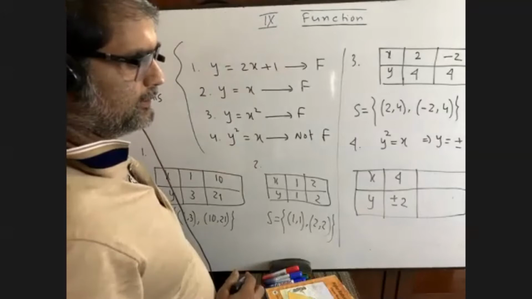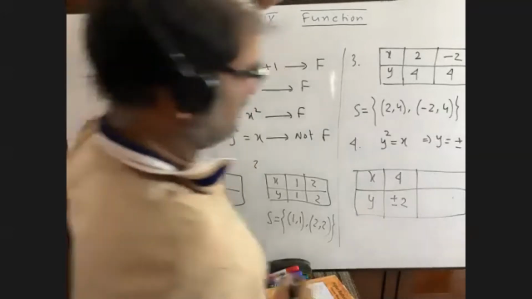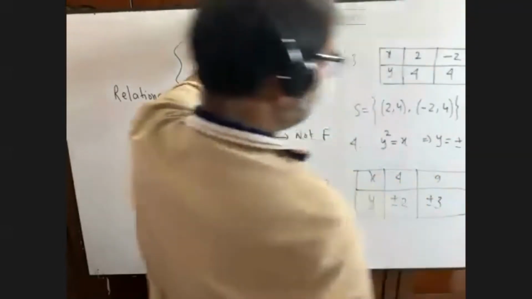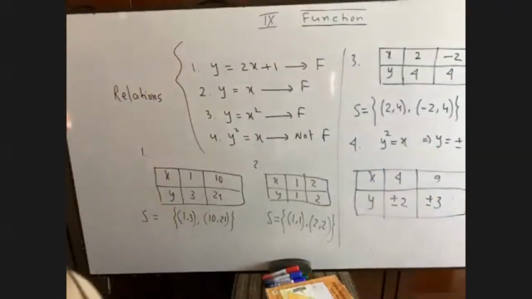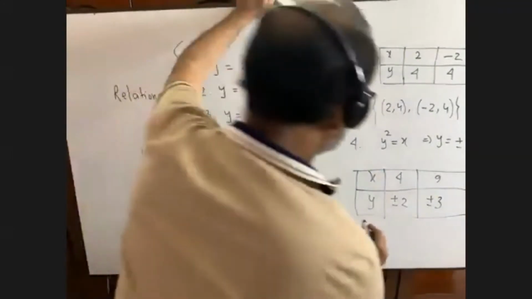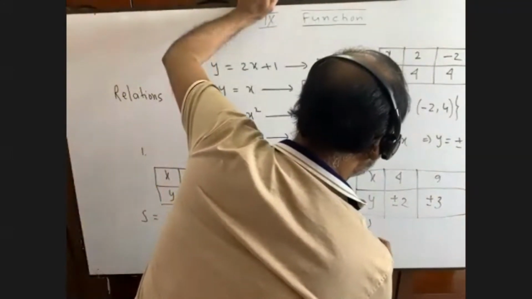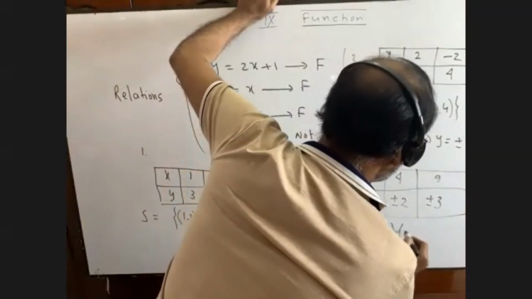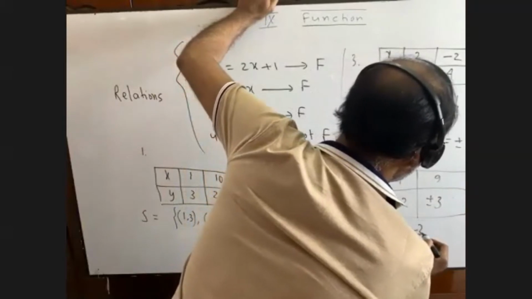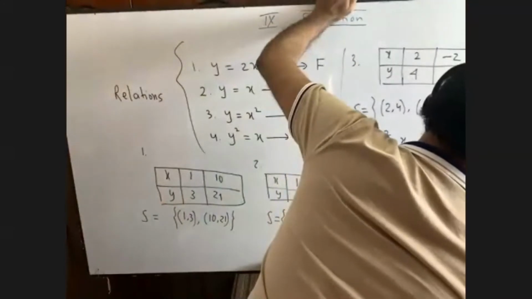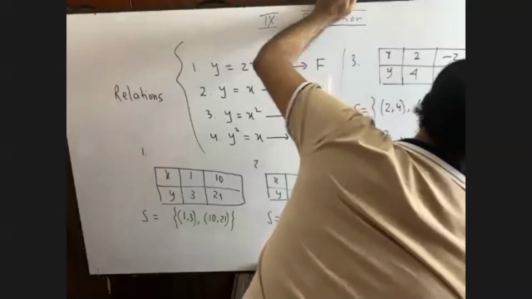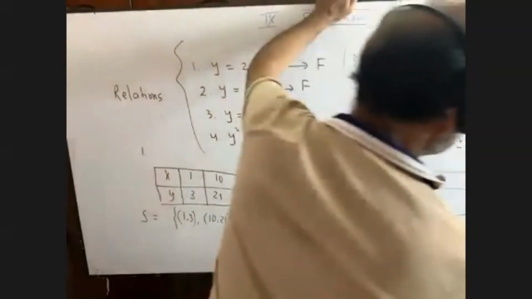If I take 9, we are getting plus minus 3. So we are getting here the set 4 comma 2, 4 comma minus 2, 9 comma 3, 9 comma minus 3.